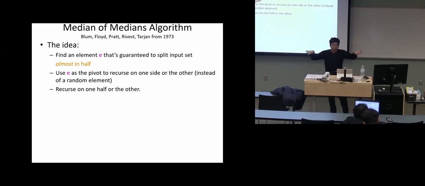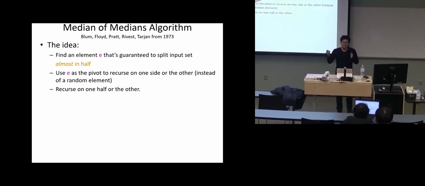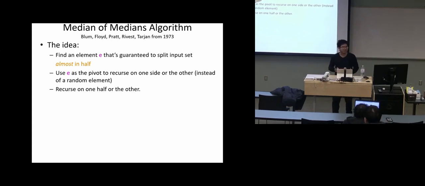Because when you recurse, whether you recurse on the left side or right side, the size of the recursion shrinks by a lot, right? If it's exactly at the middle, the size of your problem gets halved. If it's not quite in the middle but close enough, it's still good. So that's the idea. We're going to see how to select some element E close enough to the middle in a deterministic way. And if that happens, then you're done.